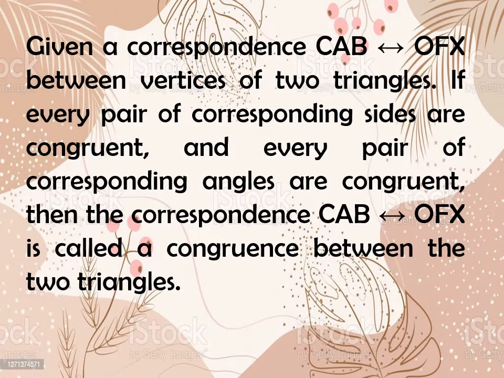Given a correspondence CAB to OFX between vertices of two triangles, if every pair of corresponding sides are congruent and every pair of corresponding angles are congruent, then the correspondence CAB to OFX is called a congruence between the two triangles.